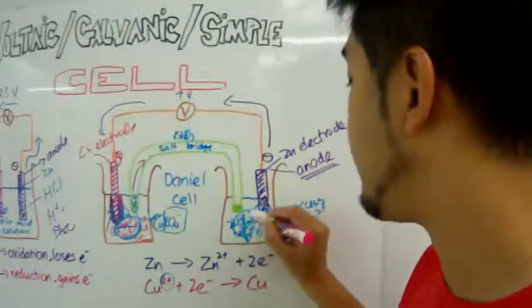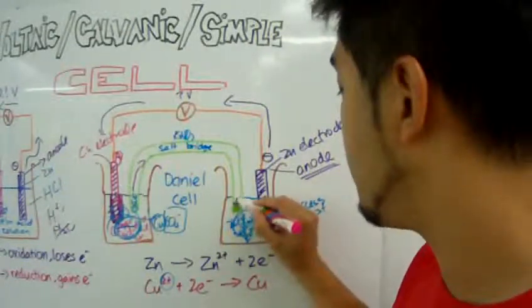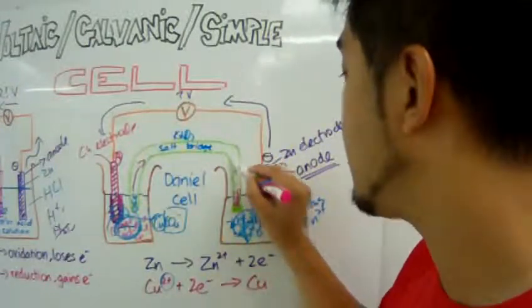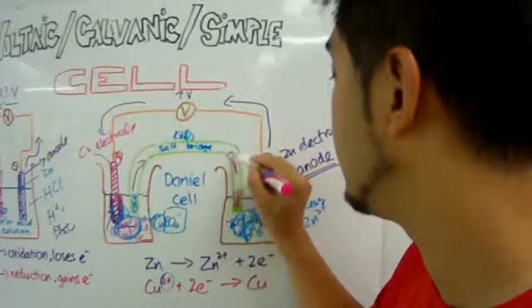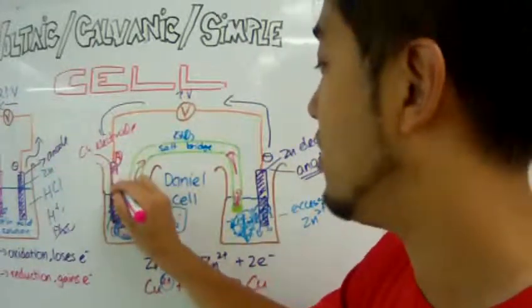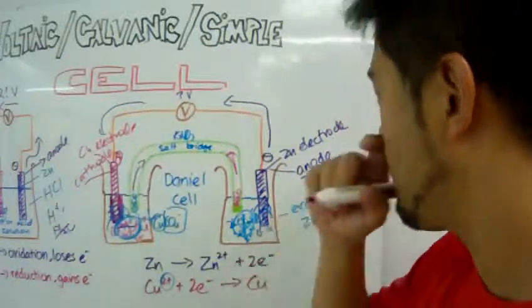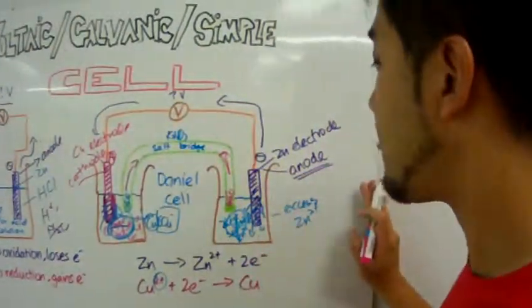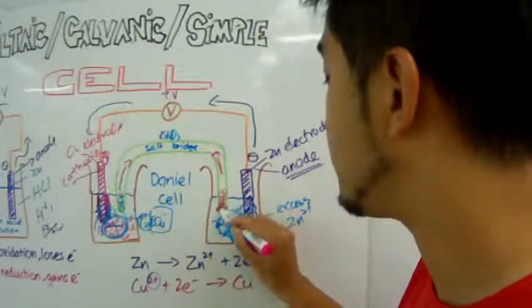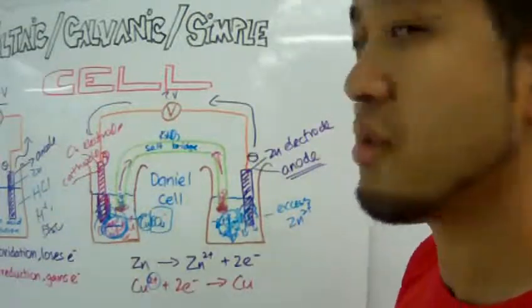Whereas the positive ions on this end are going to move through the salt bridge to the other side, and get attracted to the cathode. So there you go, that's the cathode. And in the salt bridge, you have cotton buds that stay soaked. So there you go.